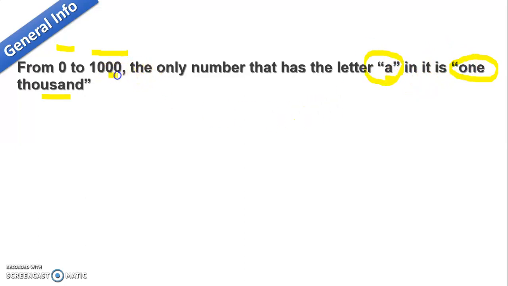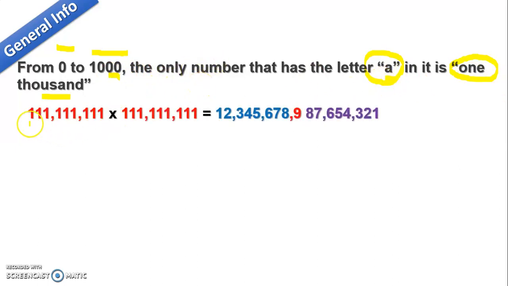So 1000 is the only number which has the letter A. And next one, if you multiply these two numbers, you can get this answer. Observe this answer: 1, 2, 3, 4, 5, 6, 7, 8, 9, a sequential number. After 9, again 8, 7, 6, 5, 4, 3, 2, 1.